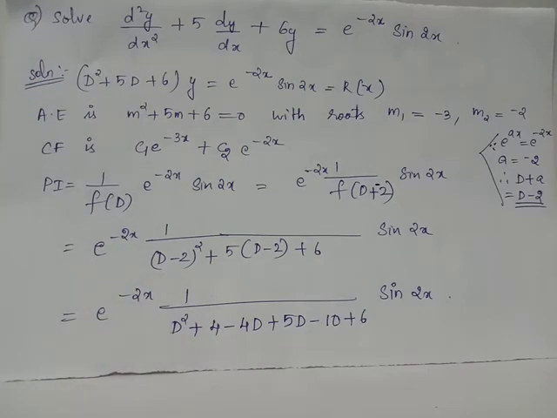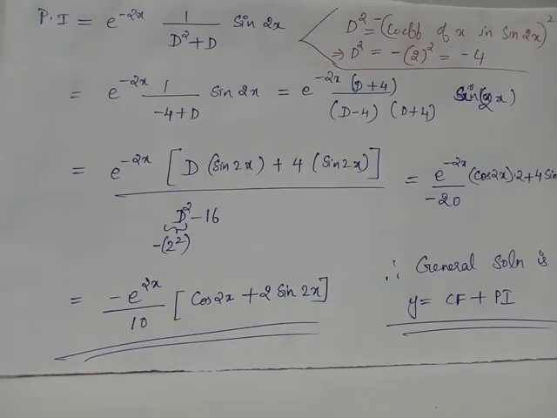On simplification, we have denominator becomes capital D square plus D. Therefore, PI equals e raised to negative 2x multiplied to 1 by capital D square plus capital D acting on sine 2x. Since we have this operator 1 by capital D square plus capital D acts on trigonometric function sine 2x, where coefficient of x which appears inside the function is 2, we have capital D square can be replaced by negative of coefficient of x which appears in sine 2x the whole square.